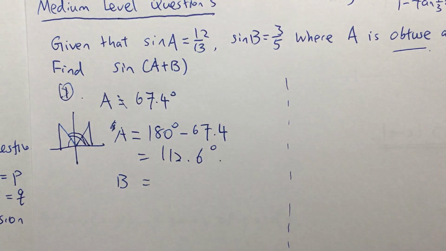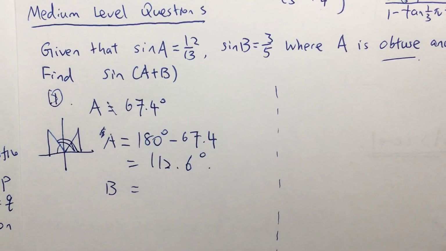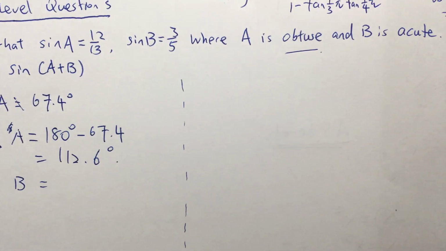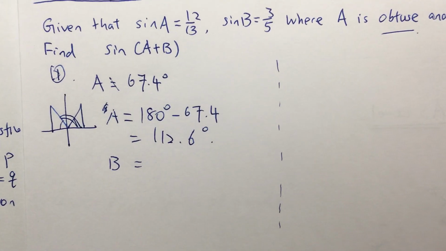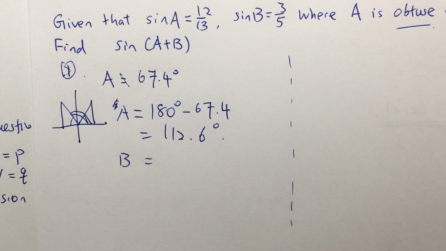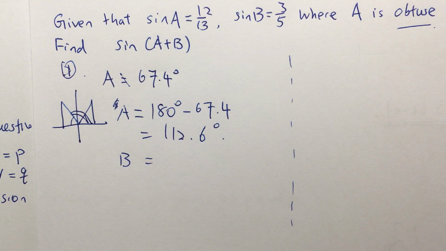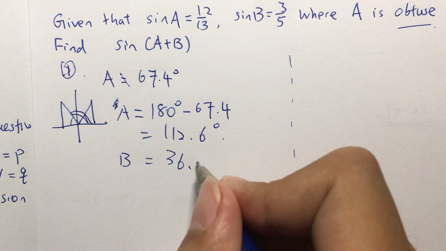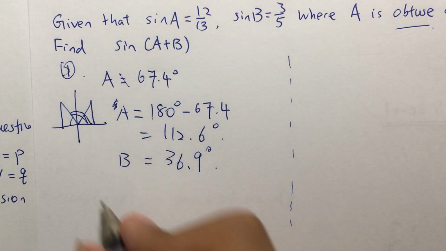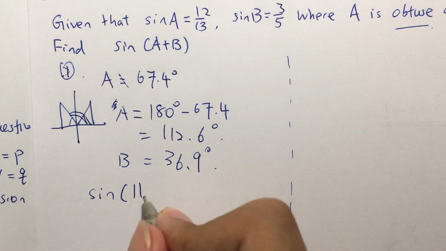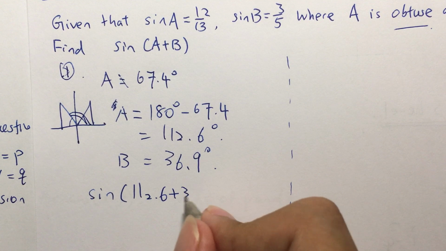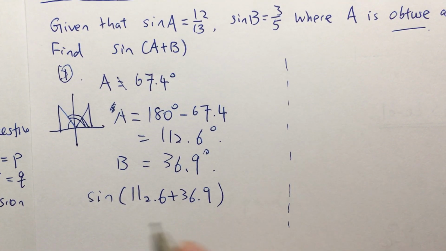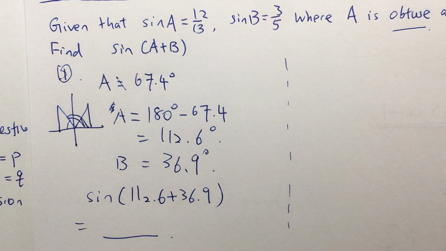And let's do the same thing for B. Because B is an acute angle, we don't need to do these extra steps. So sine inverse of 3 over 5 is equal to 36.9 degrees. And then we solve for sine of 112.6 plus 36.9, and we can get some answer.